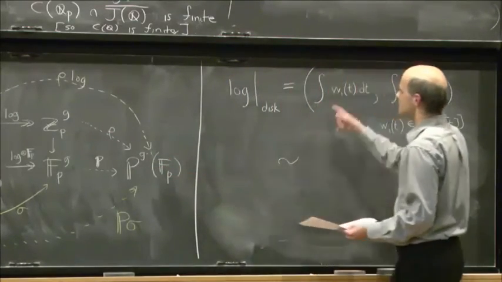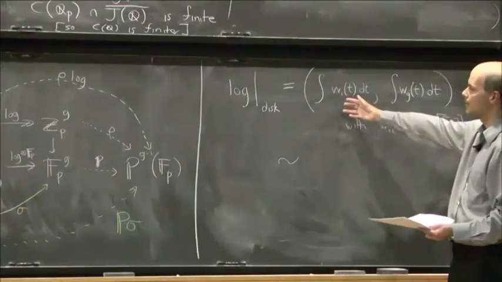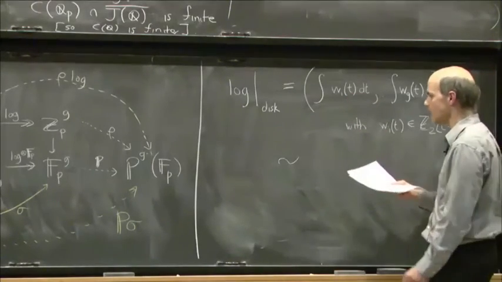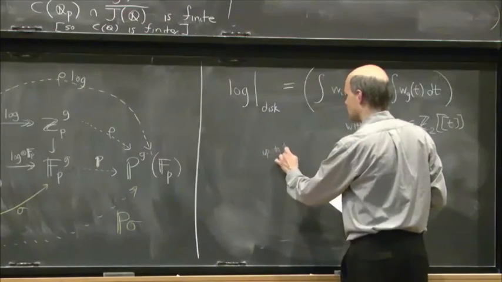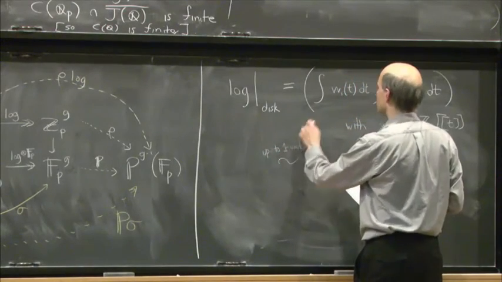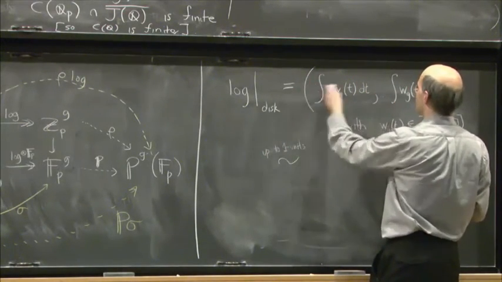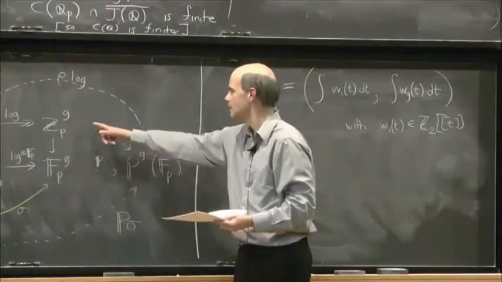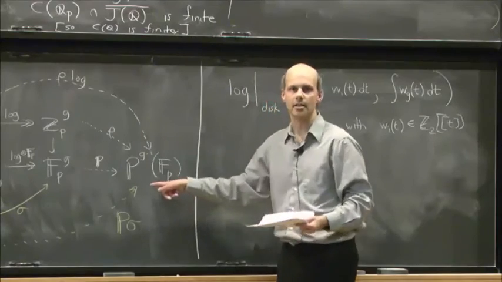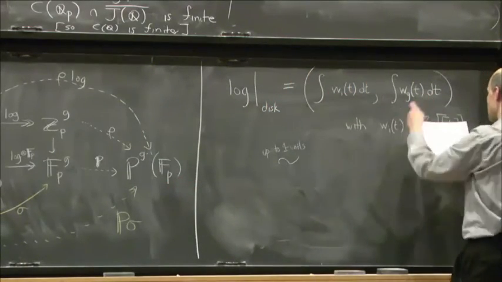Because we're working two-adically, it's enough to see what this is up to 1 units. If you change this tuple by p-adic 1 units, then the image in here won't change. So I only need to understand this up to 1 units.